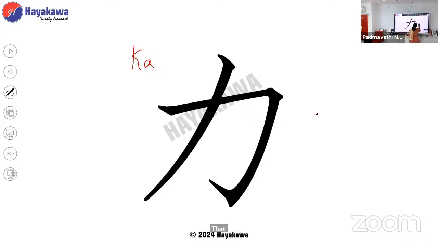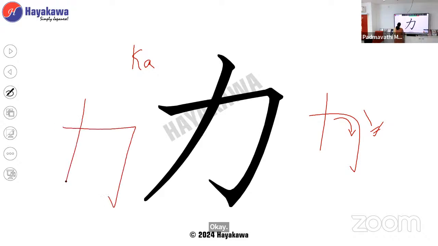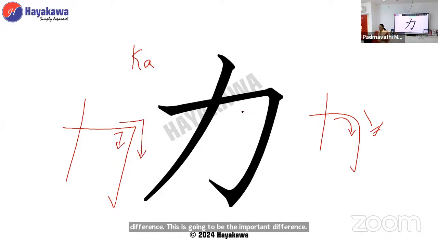So hiragana ka has a curve, so it is having the smooth bend plus one extra stroke also, right? But katakana ka doesn't have that smooth bend. It is sharp like this, right? No extra stroke also. That is the important difference, where it is having a sharp turn. So this will be katakana ka.